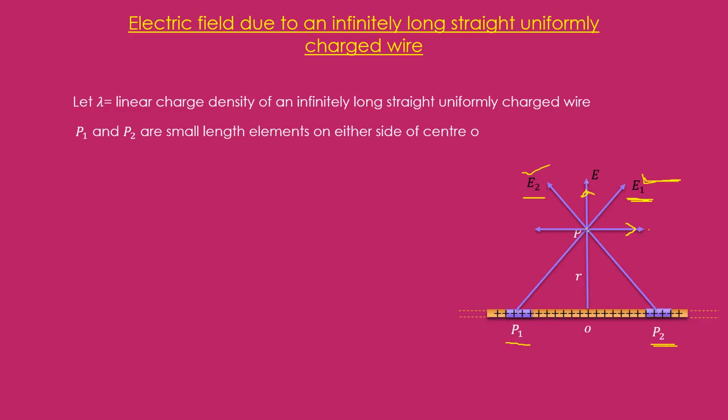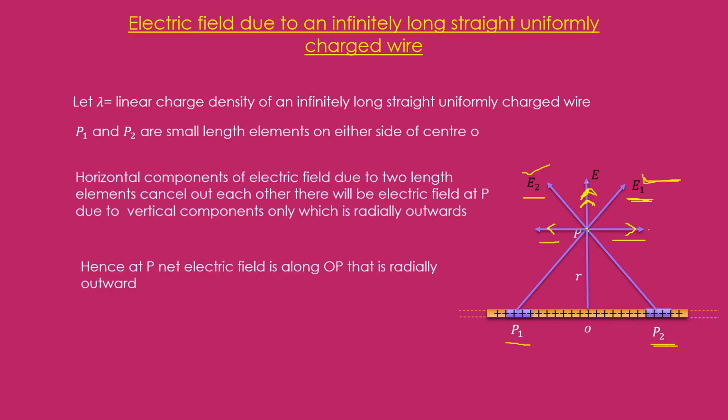Similarly, the horizontal and vertical components of E2 are along these directions. The magnitude of the horizontal components will be the same, but the direction is opposite, so they cancel each other out. There will be a net electric field at point P due to the vertical components. Horizontal components cancel each other out.